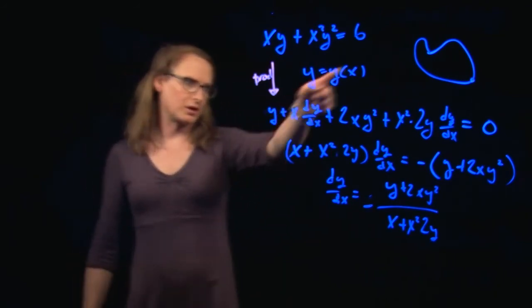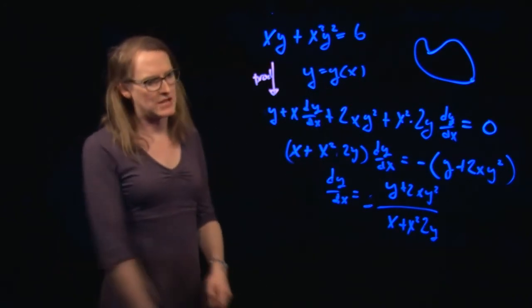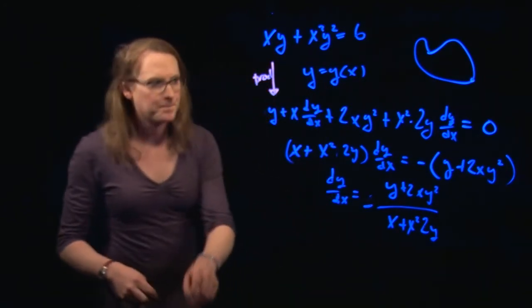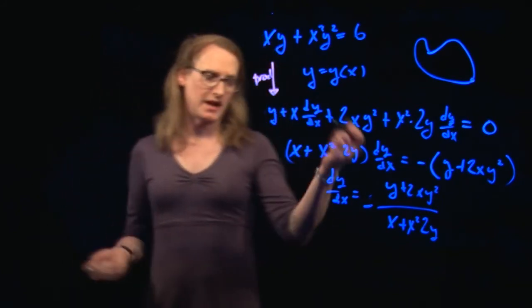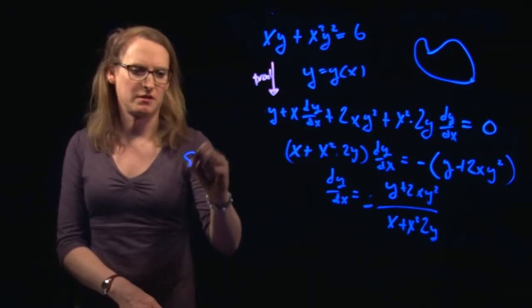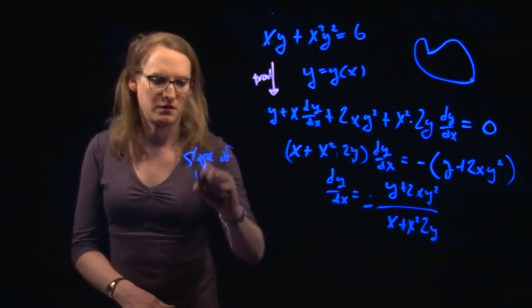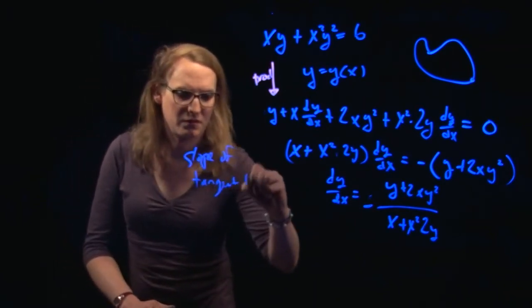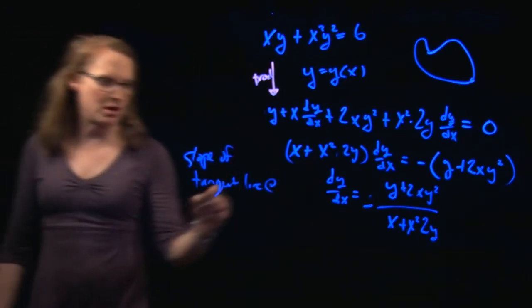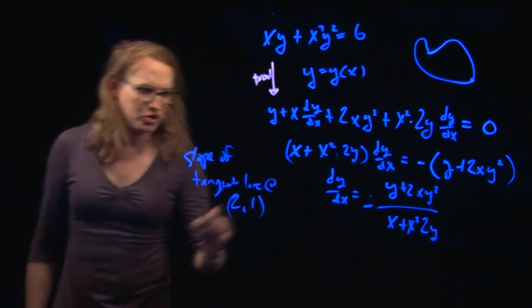So there's this curve, and we can compute slopes of tangent lines to that curve by this method. We could evaluate that to compute the slope of the tangent line at the point, let me make sure I choose one that's actually on the curve, 2, 1.